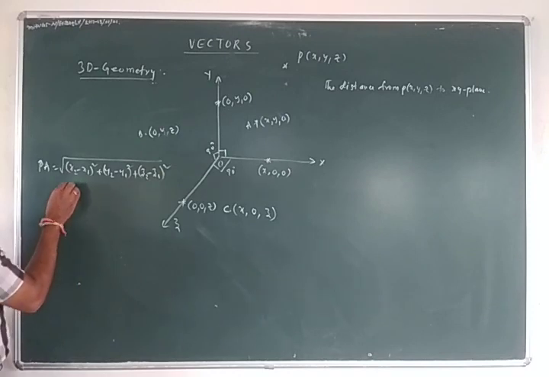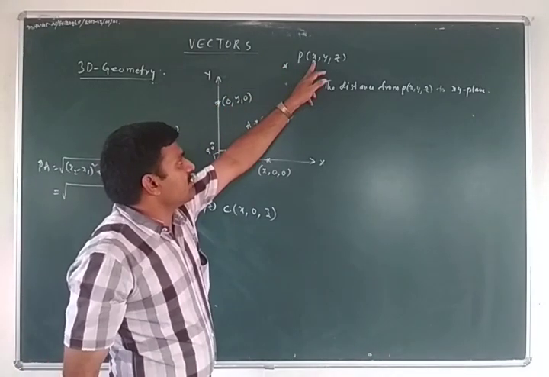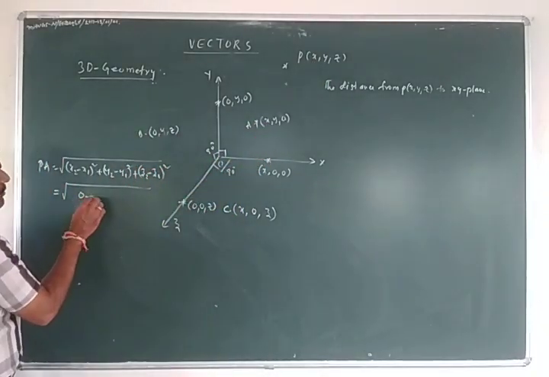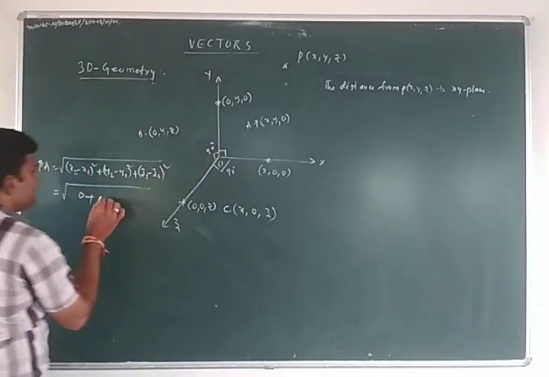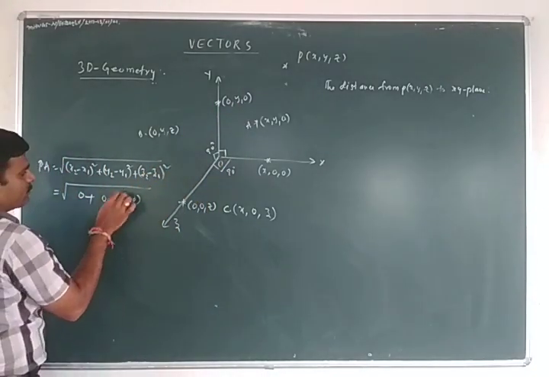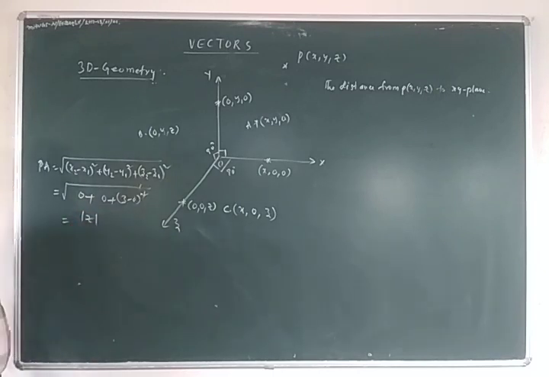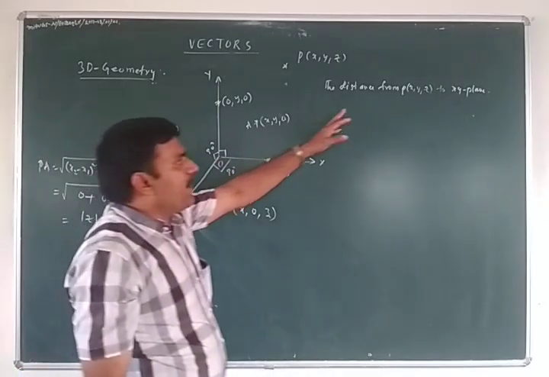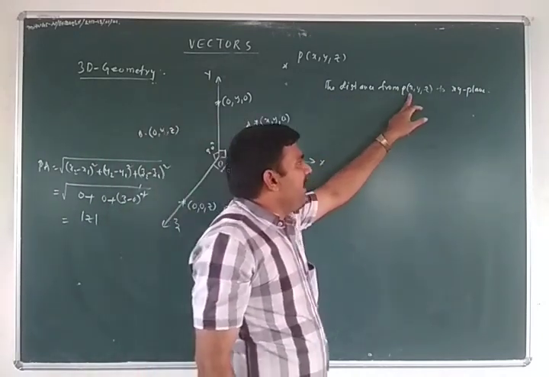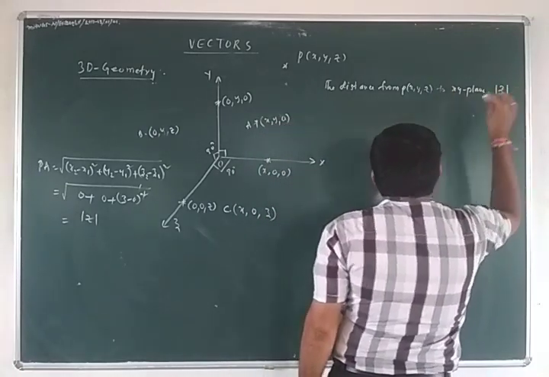So this is equal to under root of (x minus x) which is 0, plus (y minus y) which is 0, plus (z minus 0) whole square. The square cancels, so it is mod z. Therefore the formula, which is very important: the distance from P(x, y, z) to the xy plane is mod z.